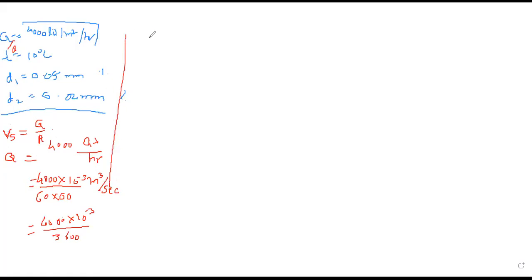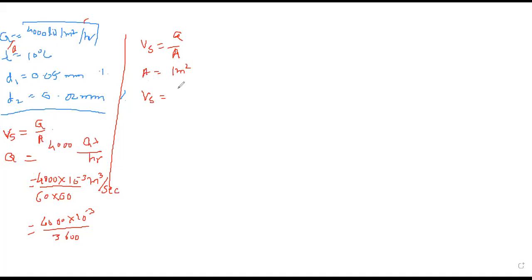Okay, so I will write down here the equation for Vs is equal to Q by A. Here itself, while telling the overflow rate, it was told that the overflow rate is 4000 liter per meter square, meaning the value of A is given as 1 meter square.